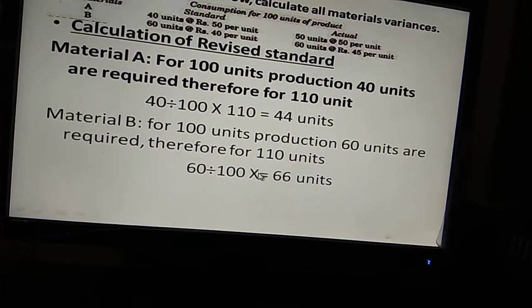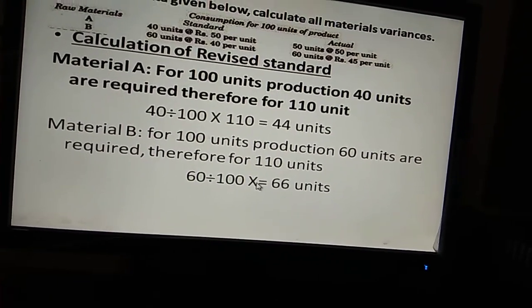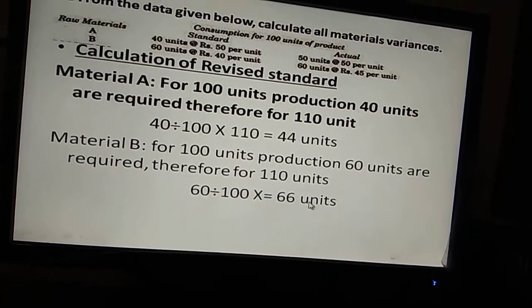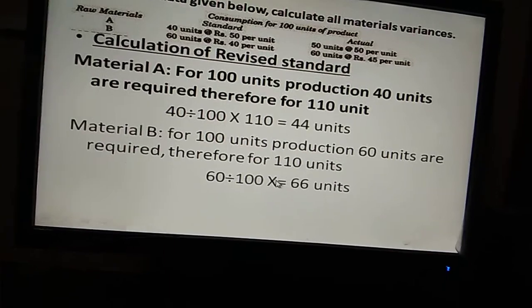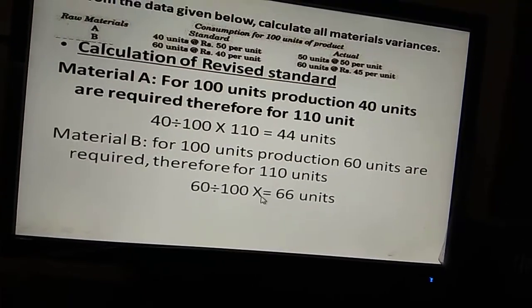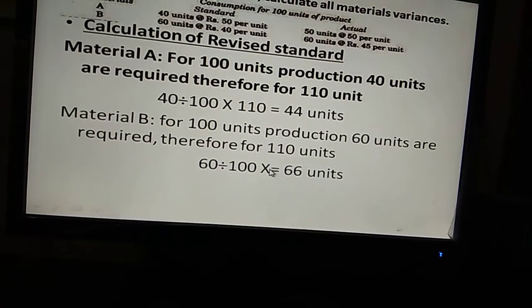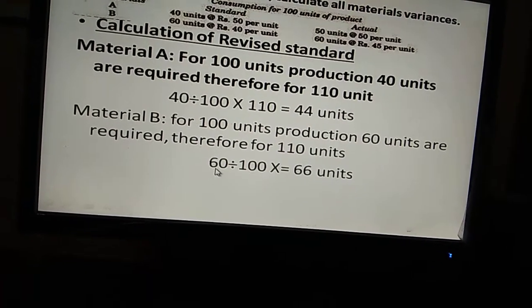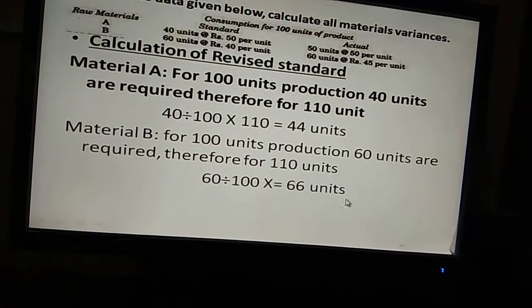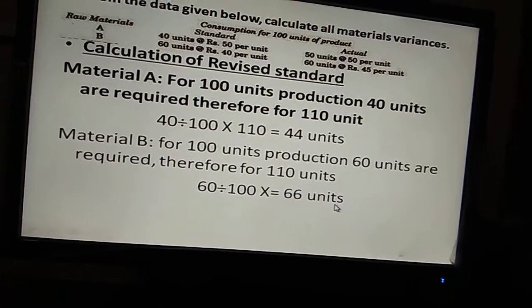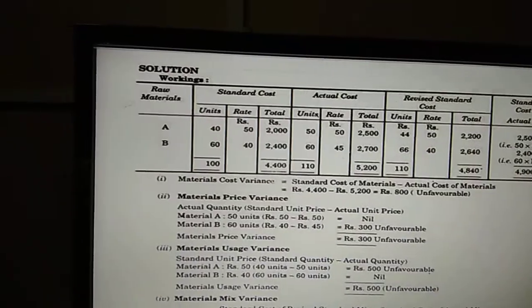It should be into 110, so just write 110 there, before the equation. 60 divided by 100 into 110. Then you are going to get 66 units.